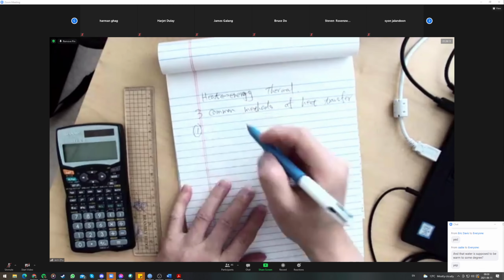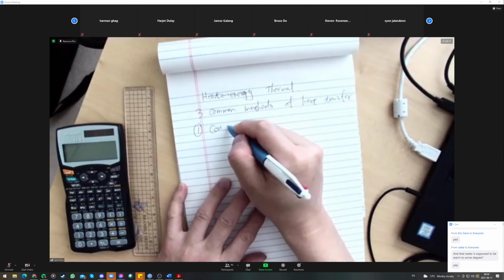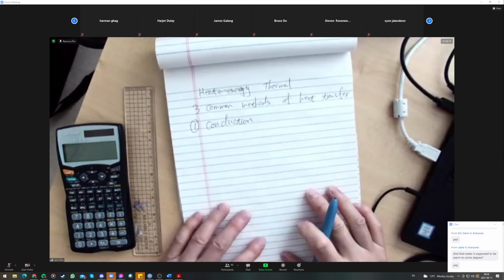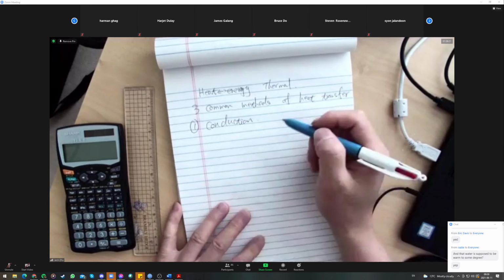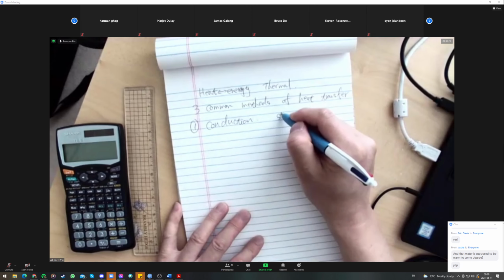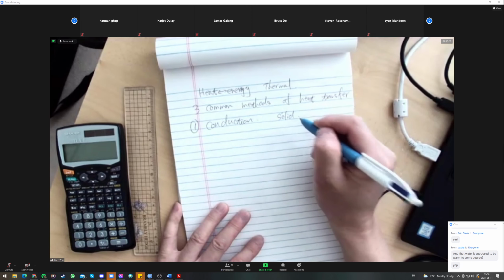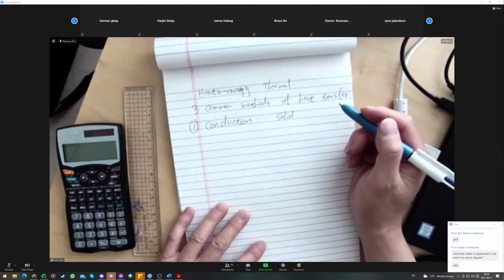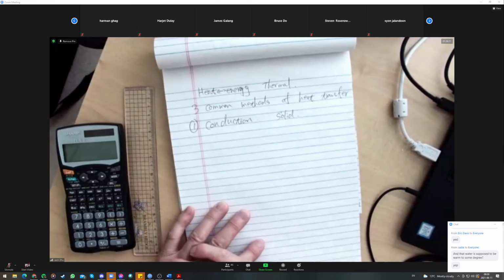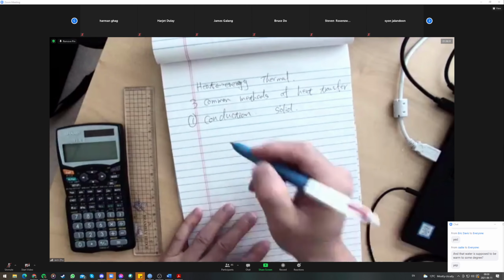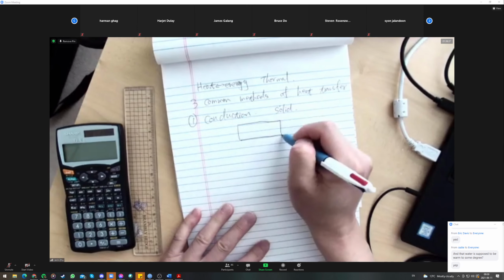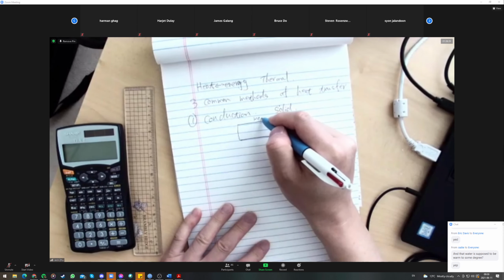The first one is called conduction. Conduction usually happens in a solid piece of material. Sometimes it can happen in liquid or gas, but for conduction you need what we call a medium.